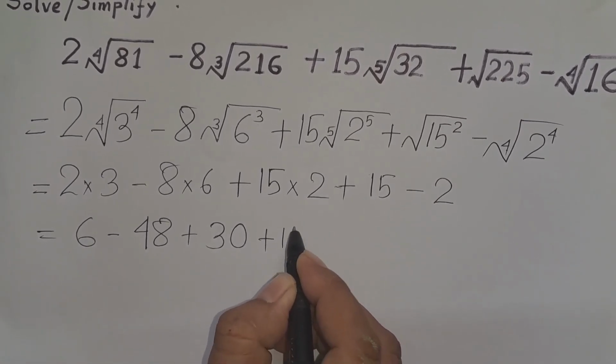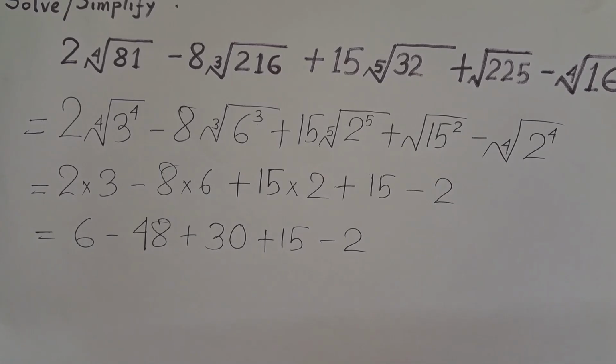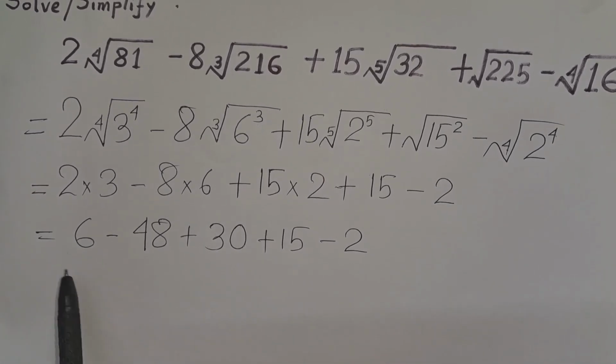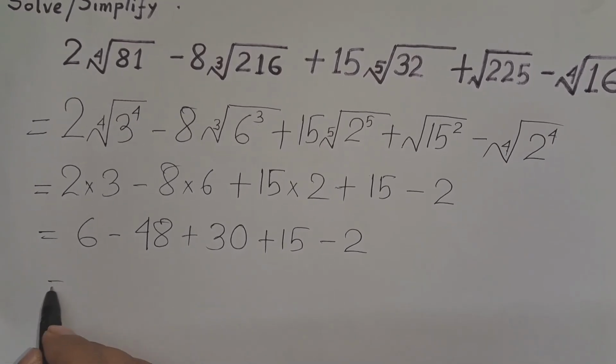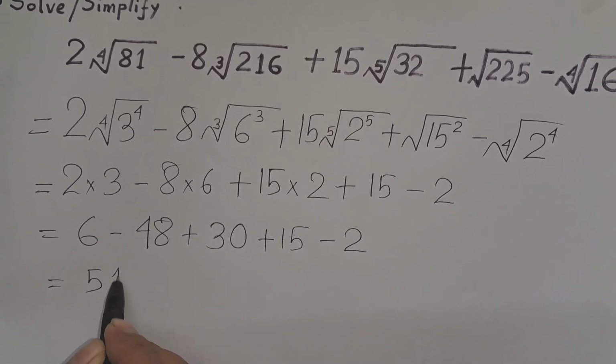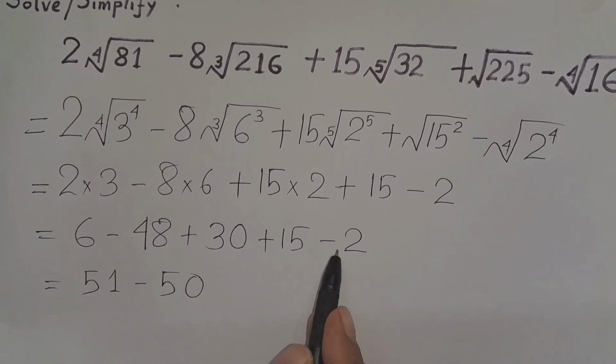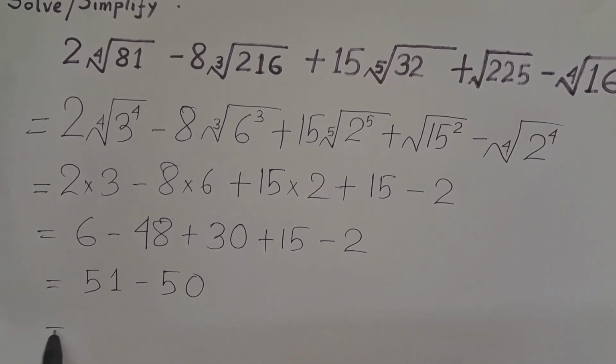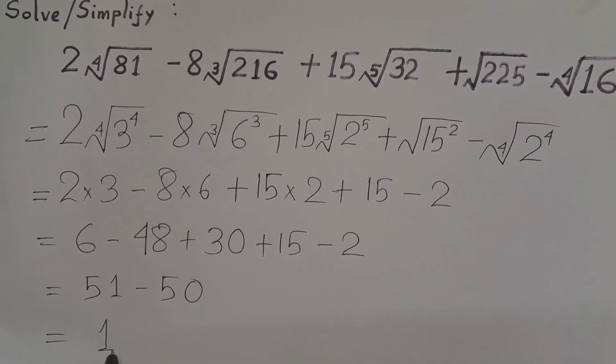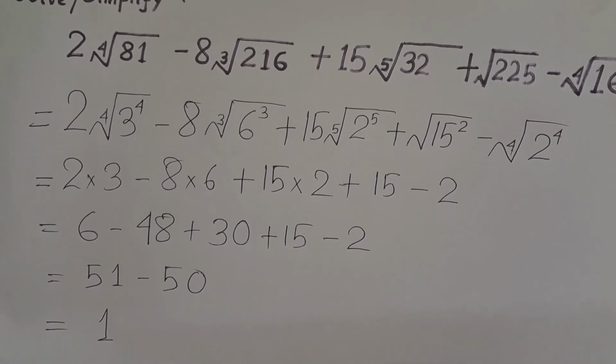You can write it directly, or first write it as 15 minus 2 to avoid any silly mistake. Now add the plus numbers and minus numbers. Adding the plus numbers you will get 51 and minus numbers you will get 50. So 51 minus 50, that means the answer is 1.